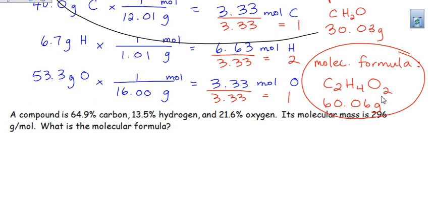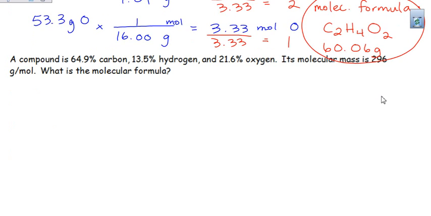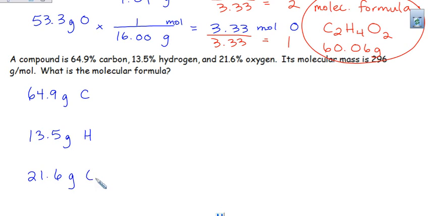Why not? This one is very similar. While we're looking at carbon, hydrogen, and oxygen, we already know their molar masses. Let's give this one a whirl. Okay, so we have different ratios this time. 64.9 grams of carbon, 13.5 grams of hydrogen, and 21.6 grams of oxygen.